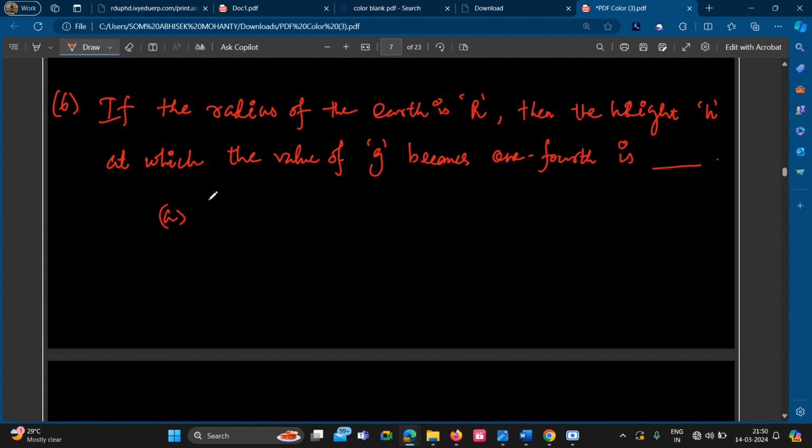Option A is R by 8, option B is 3R by 8, option C is 3R by 4, and then option D is R. Please try this question.